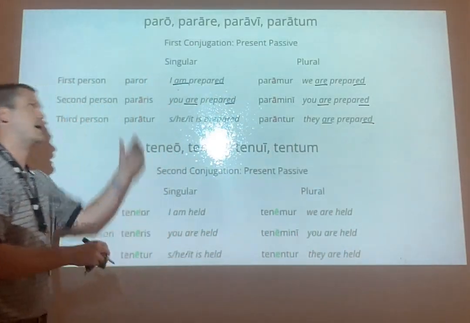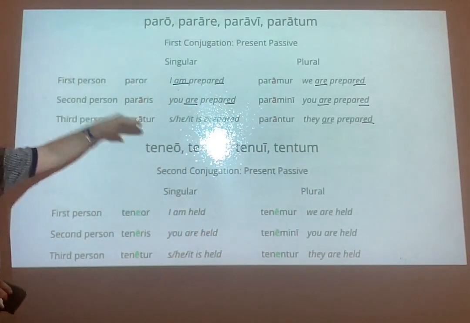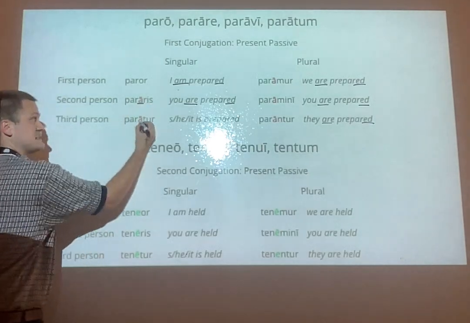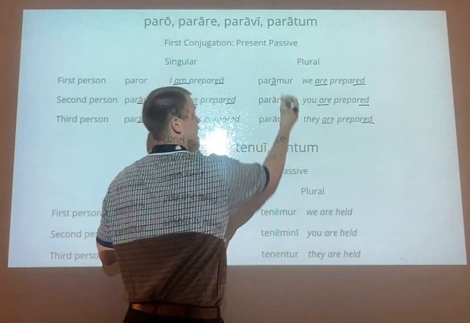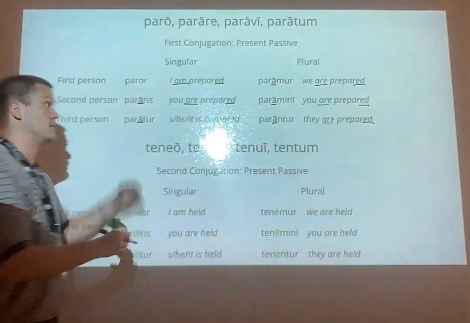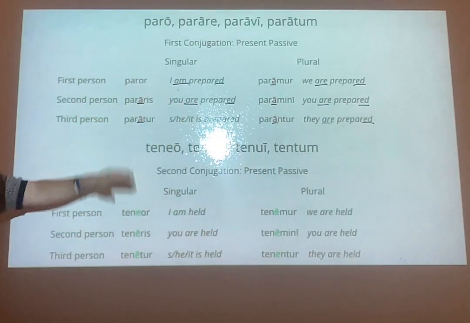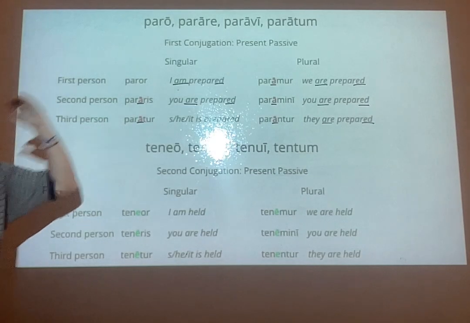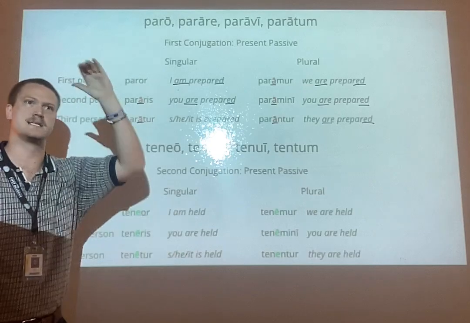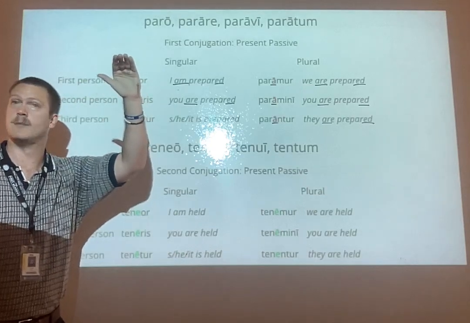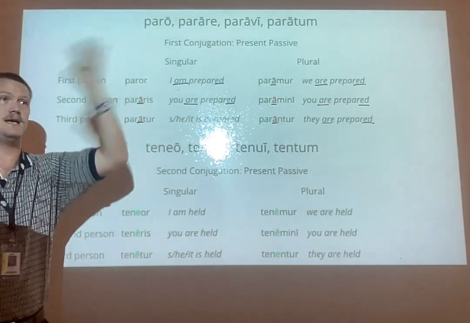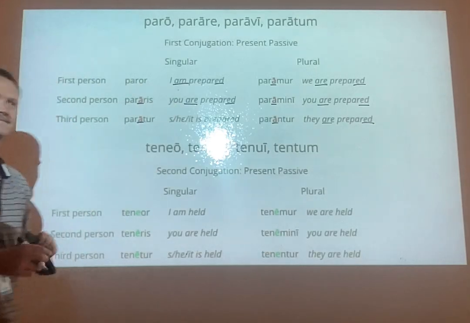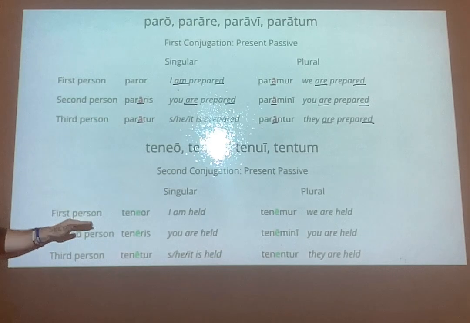Now I have a first conjugation present passive up here, and that's what I've highlighted for you. First conjugation has a with a macron, right? But here's a second conjugation verb. The only difference between first and second conjugation is the stem vowel. Remember, first conjugation takes a, second conjugation takes e. You guys see this right here.